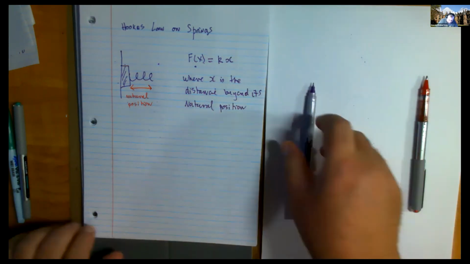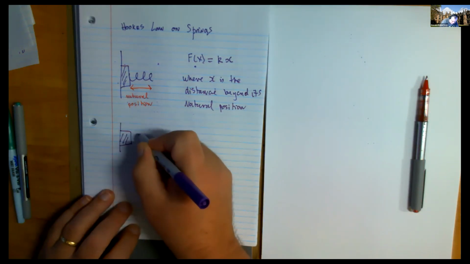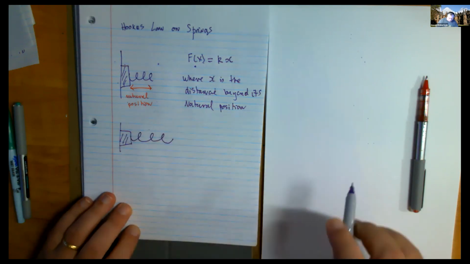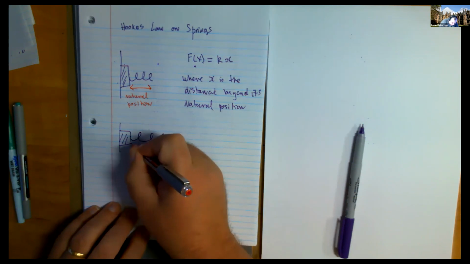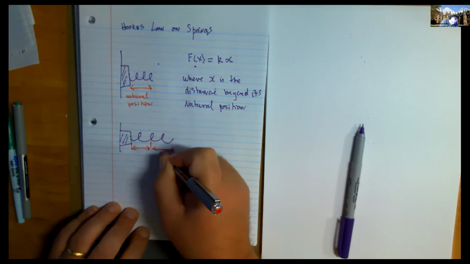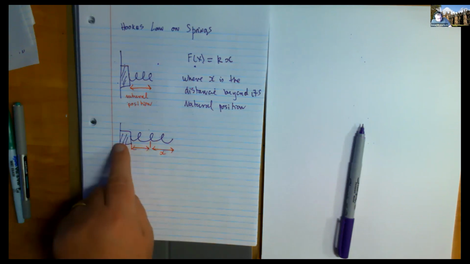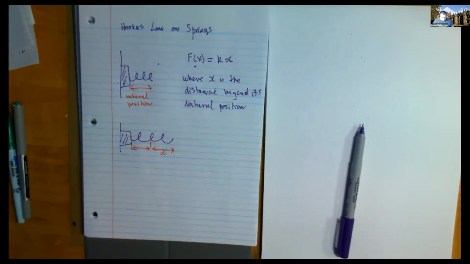Can you imagine I took this spring and stretched it to there? This distance here is its natural position. The extra bit is what x is. So x is not the total length of the spring. Isn't x the extra bit you stretched it?